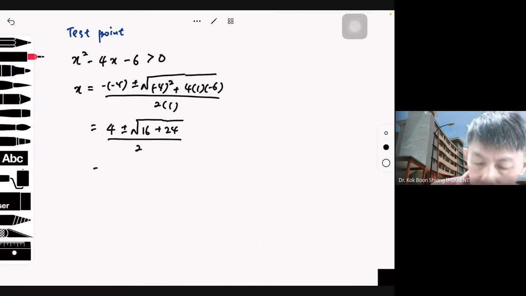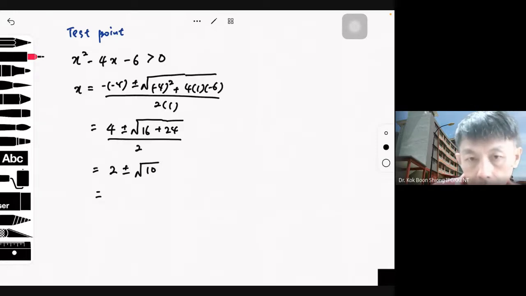So it is equals to 2 plus or minus square root of 10. So this is between negative 1.2 and 5.2, right?